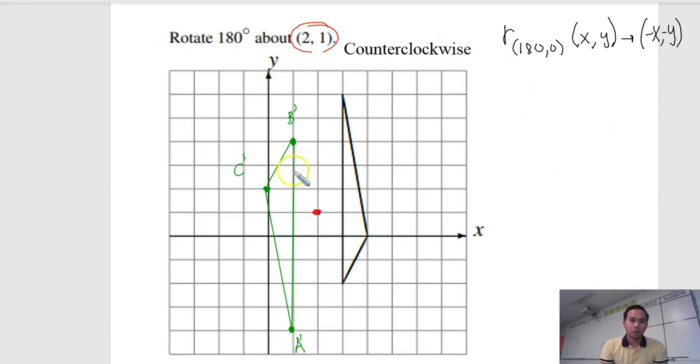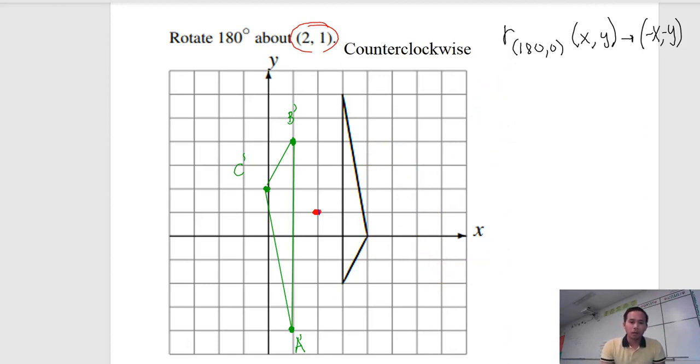We have A prime, B prime, C prime. So you can now get the points with respect to the original Cartesian plane that we have here. You see the Cartesian plane, the black one, the x is horizontal and the y is vertical.